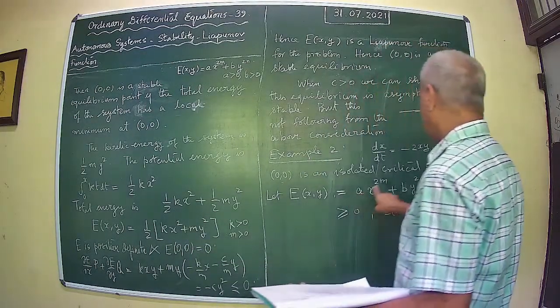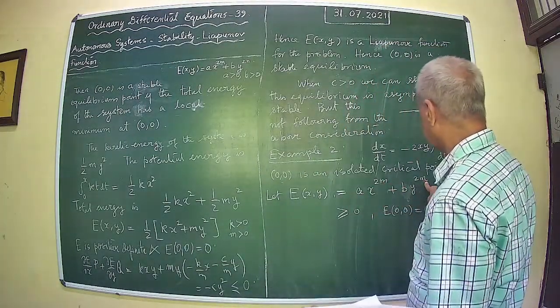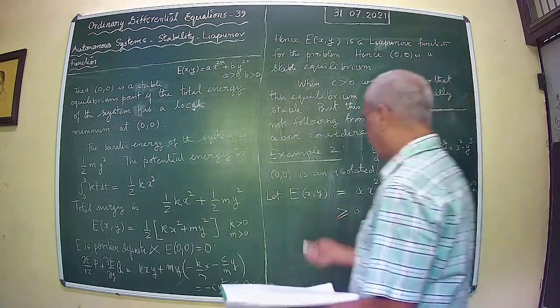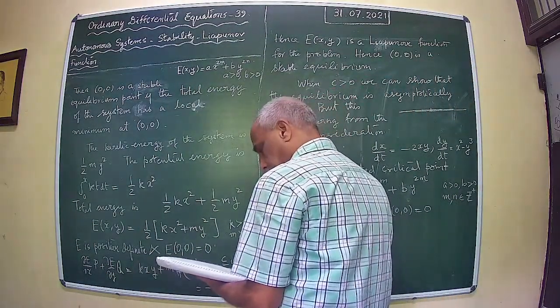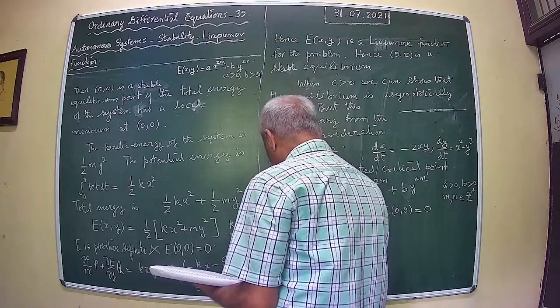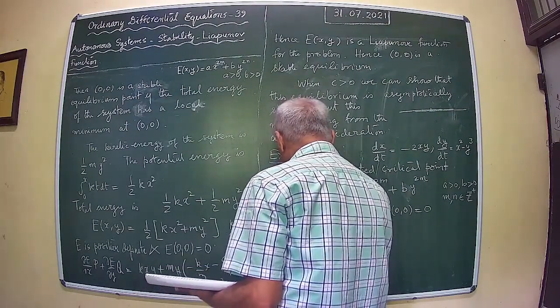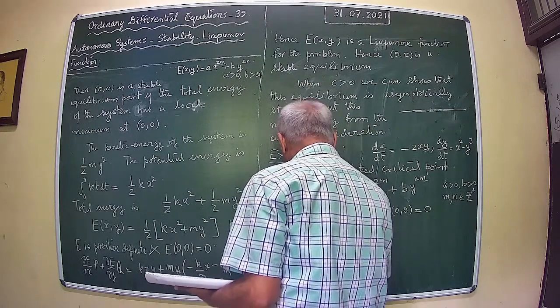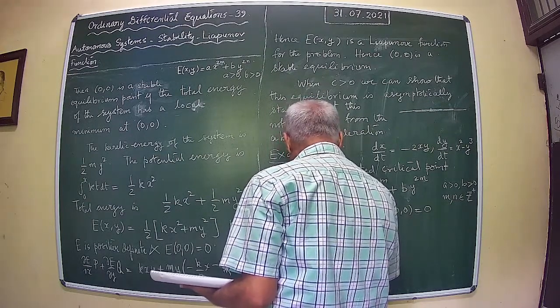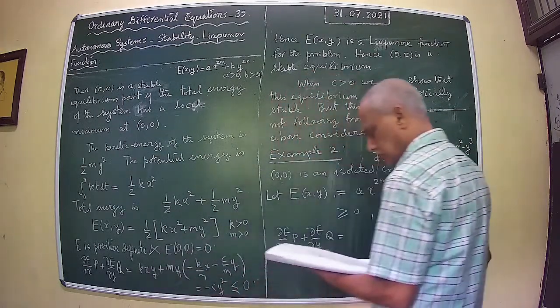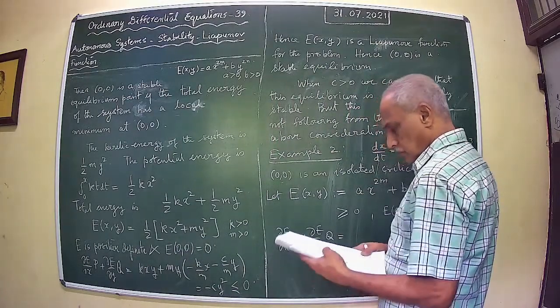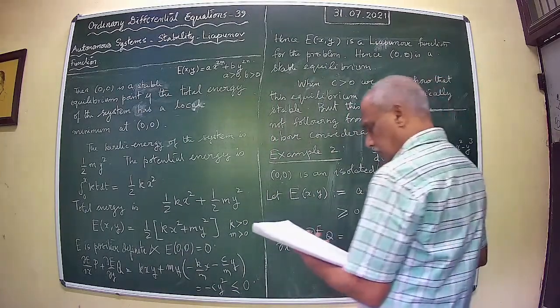Now we have 4 parameters to play around with. Okay, so we will calculate this. This is equal to, you can work this out.